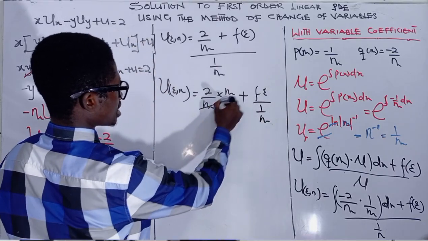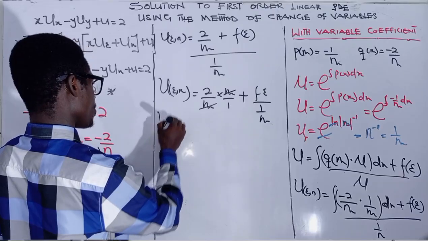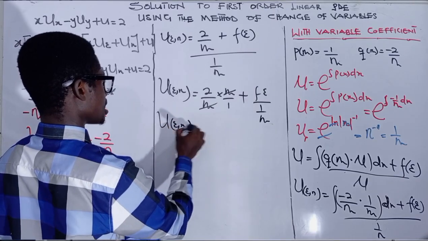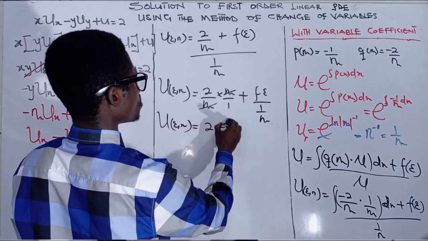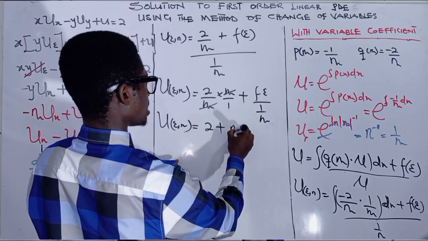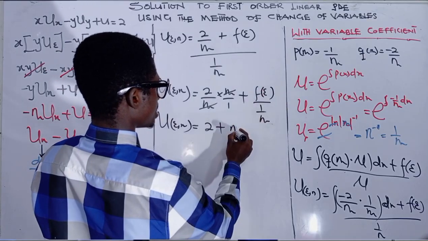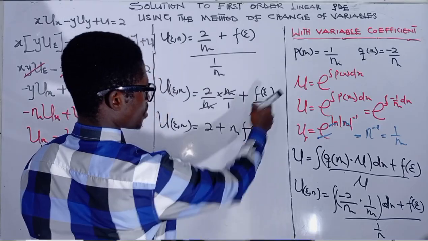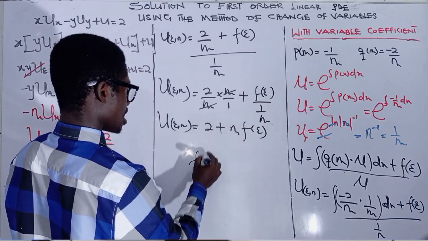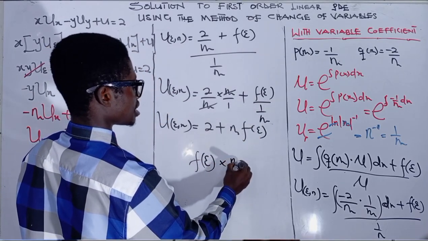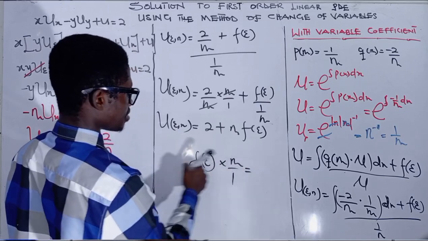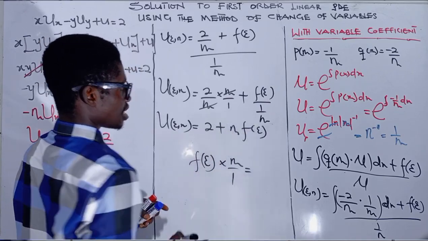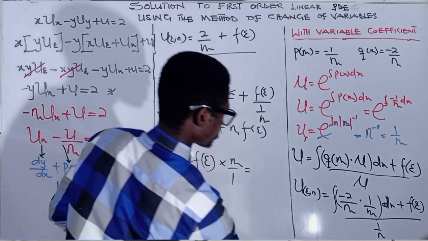From here you can see that this eta will cancel this eta. We have our u at xi eta is equal to 2 plus eta multiplying a function of xi, because we can write this as xi times eta all over 1.